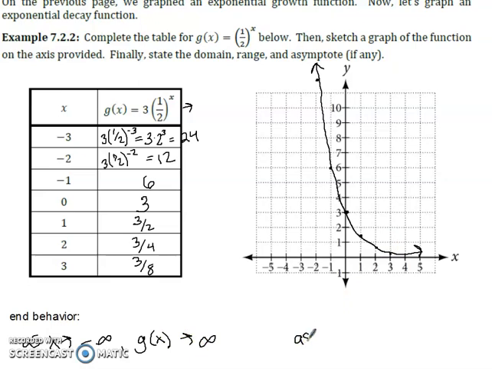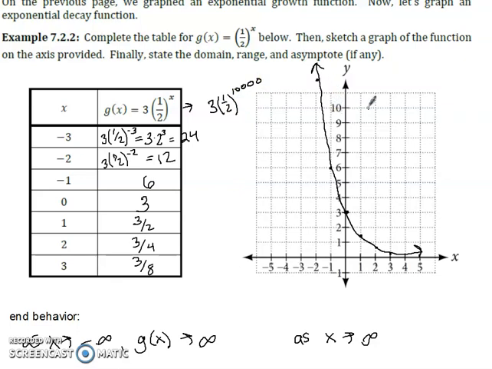On the other hand, as x approaches positive infinity, so now we're moving to the right on my graph, as these x values become larger and larger and larger, I've got 3 times 1/2 maybe to the 10th power. So we're multiplying by 1/2 10 times. That makes our 3 very, very, very small. If we do it 100 times, 3 is significantly smaller. 1,000 times, 10,000 times, we are multiplying by 1/2 10,000 times.